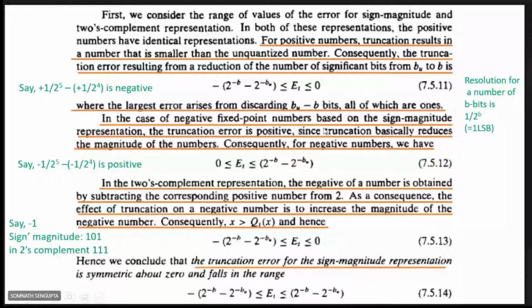So b is less than bu. Let us say before quantization the number was 5 bits, and after quantization it is 4 bits. So the difference in the resolution is 1 by 2 to the power 5 minus 1 by 2 to the power 4. So it is a negative value. If you see, 1 by 2 to the power 5 is smaller than 1 by 2 to the power 4. That's why it is negative.